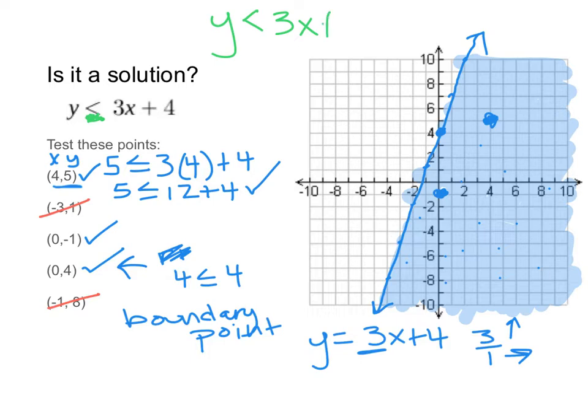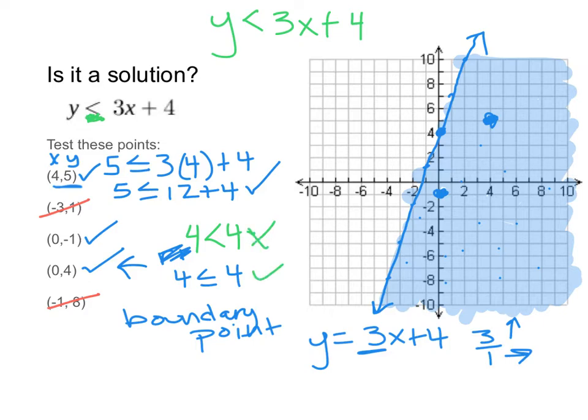So it would be basically the same thing, except all the points on the line wouldn't have worked, right? It would have been the same shading, the boundary line would be in the same spot, but the points that are actually on the line wouldn't work because you would have ended up with a situation like 4 is less than 4, and that's not true, whereas this one is true, right? Doesn't work, does work.